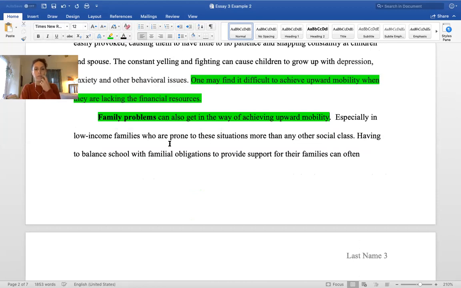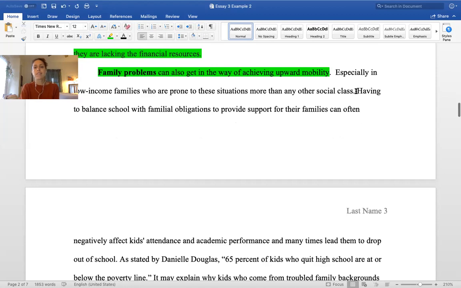Especially in low-income families who are prone to these situations more than any other class. This is actually what's called a fragment sentence, okay? So a fragment sentence means that it's not a complete sentence. So we would need to adjust that a little bit.